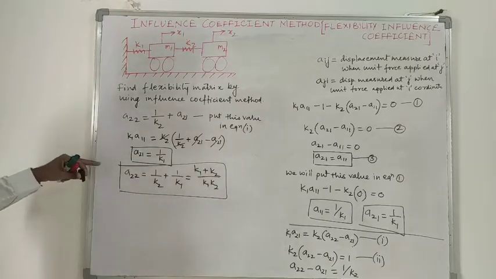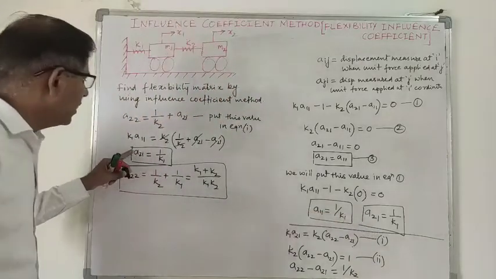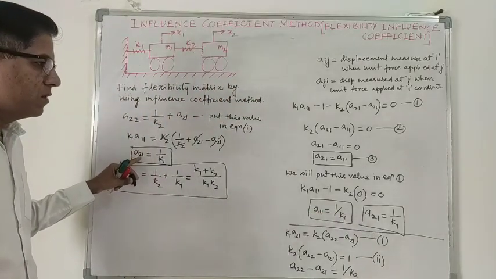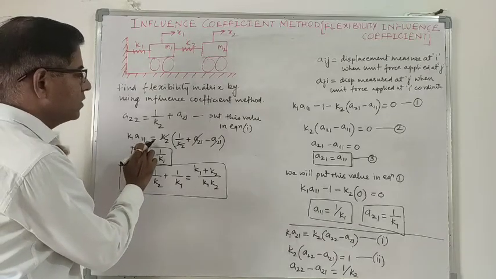So these are the 4 coefficients, A11, A21, A12, sorry, this is A12.